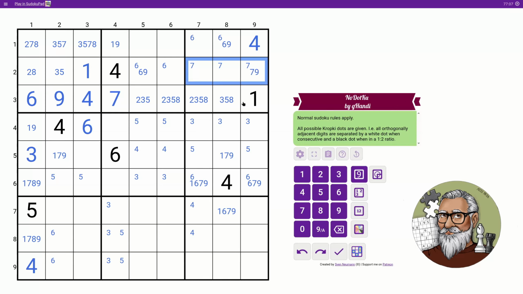We can't have 8 there, but I can have 8 here, right? 8 and 6 then. 8 and 6, this would have to be 7. Doesn't look problematic.